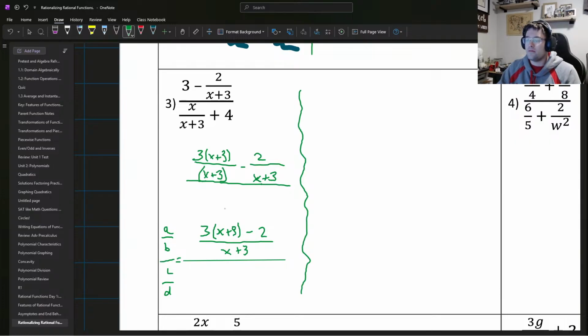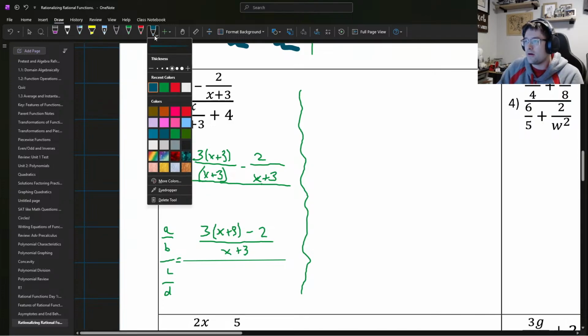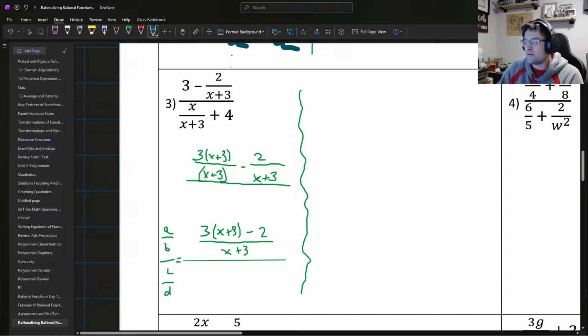And I'm going to use a different color. So let's try, hello. Let's try adjusting that real quick. We are going to not give this left-hand fraction anything because it already has x plus 3. But this one needs, on the right side, a 4 times x plus 3.